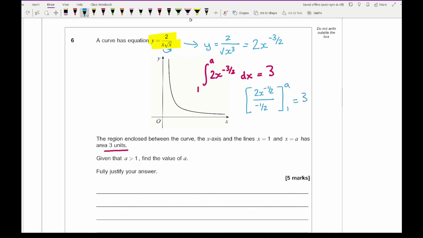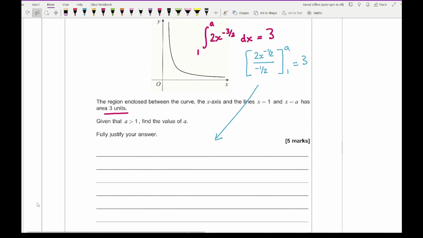Then simplifying this further, and let me just move this over here so we've got a bit more space, if I neaten it all up, I get minus 4x to the power of minus a half, from a to 1, and that equals 3.